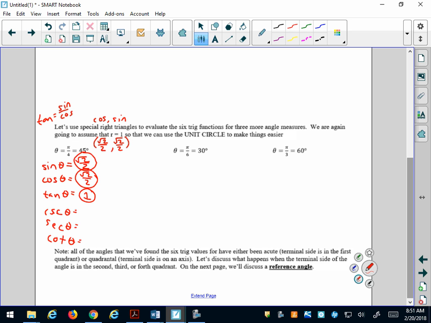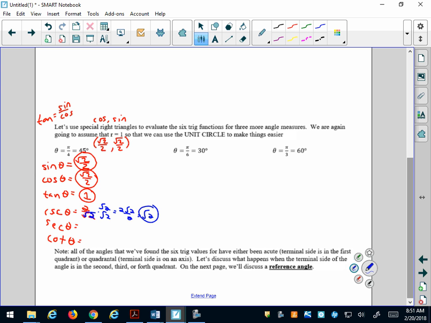Cosecant is the reciprocal of sine, so that's 2 over root 2. Again, we need to rationalize the denominator. So we multiply top and bottom by root 2. You get 2 root 2 over 2, which is just root 2.